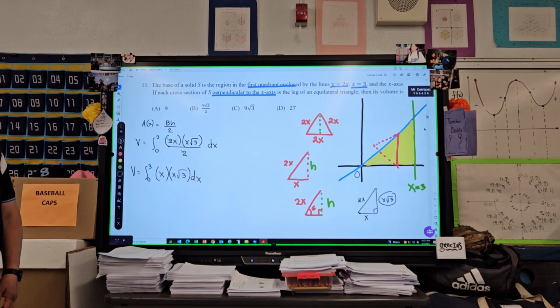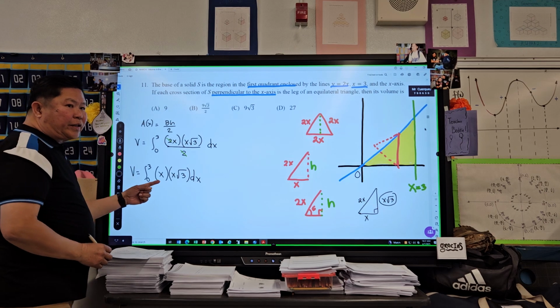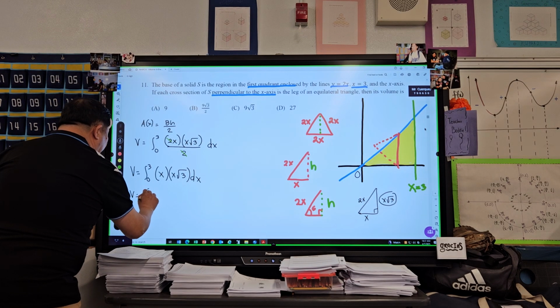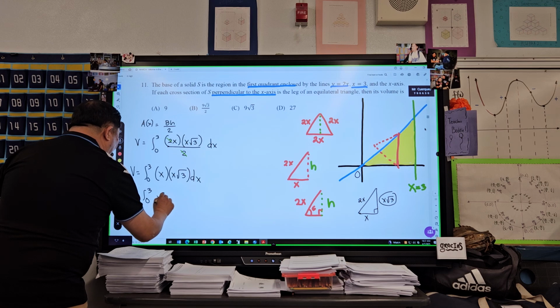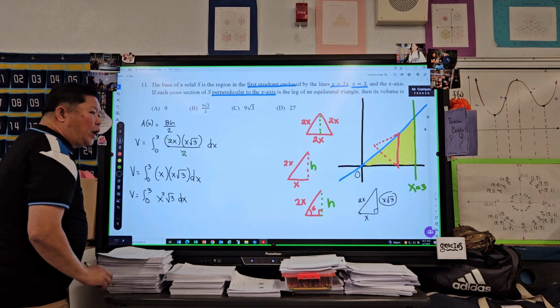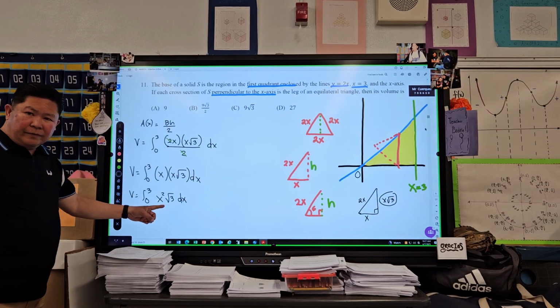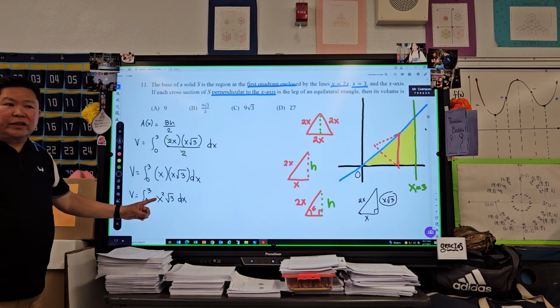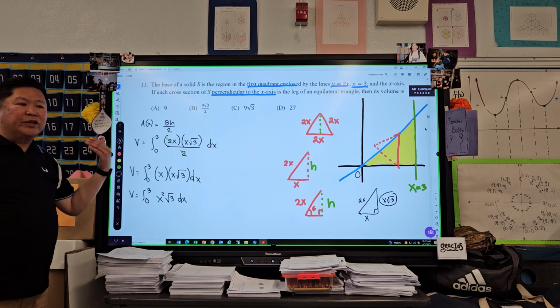And then what to do? Distribute, right? That means x times x radical 3. So we have volume is equal to the integral from 0 to 3 of x squared square root of 3 dx. What is this? Constant, right? The square root of 3 is constant. So what to do with a constant? Previous knowledge.